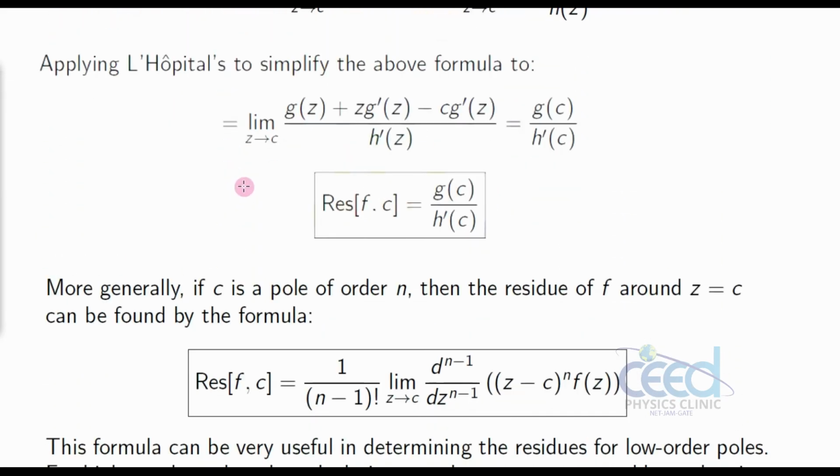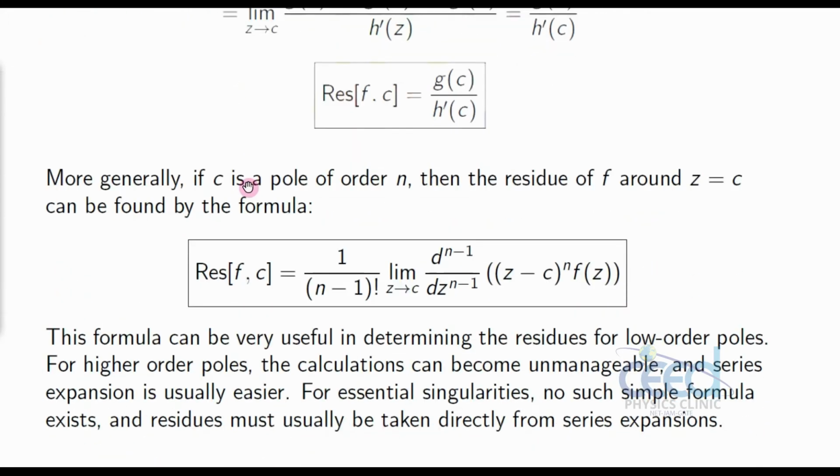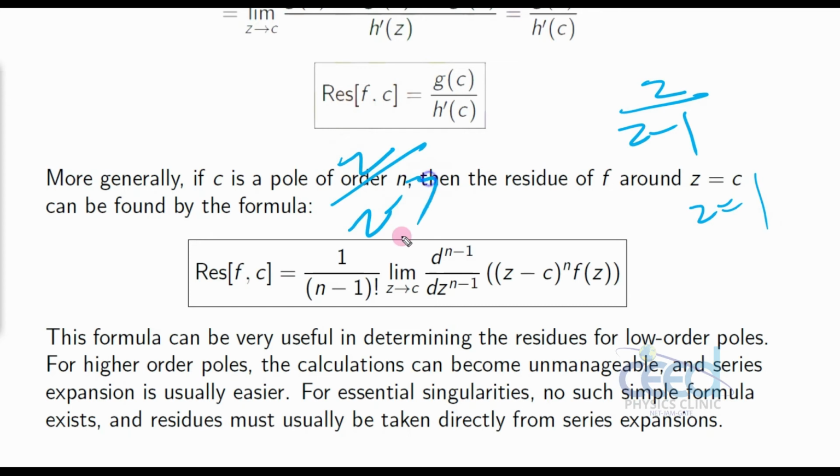Now before we come to the problems, we may check some other rules. Suppose the function is in the format we considered, simple poles: z by z minus 1 has a simple pole at z is equal to 1, or z by z minus 3 has a simple pole at z is equal to 3.